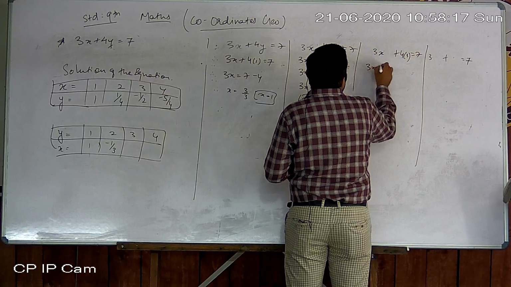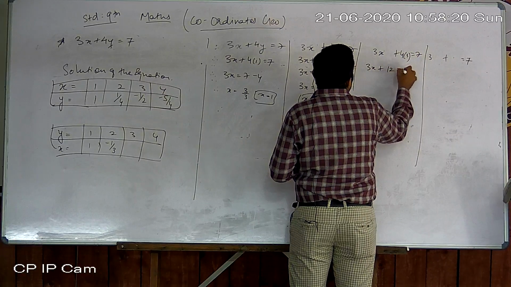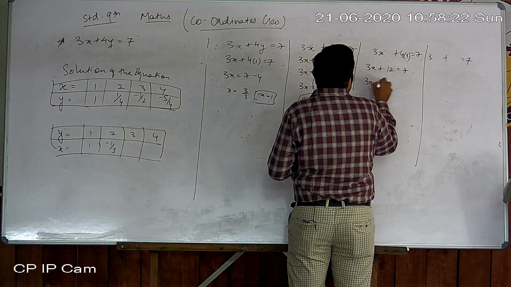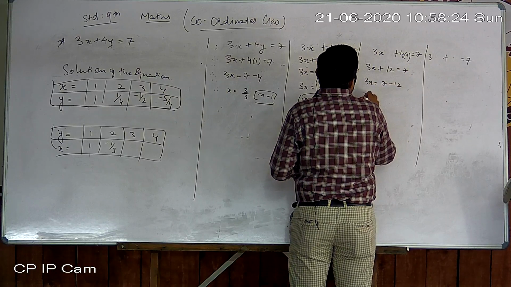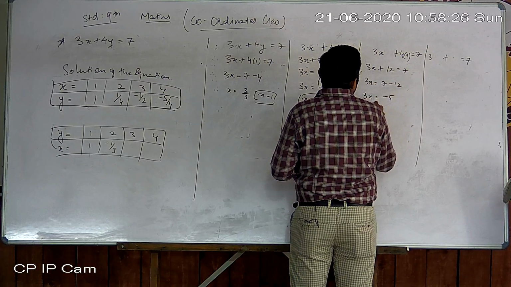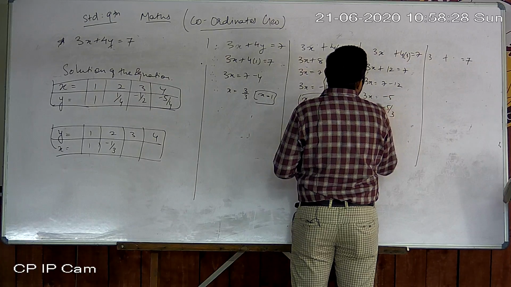Now I put the value of y as 3. So what do I find? I find that 3x equal to 7 minus 12. 3x equal to minus 5, that is x equal to minus 5 by 3.